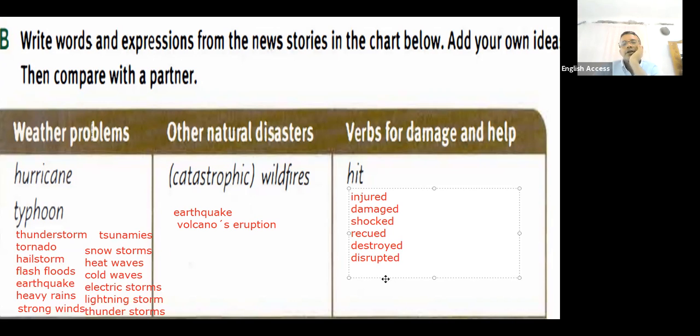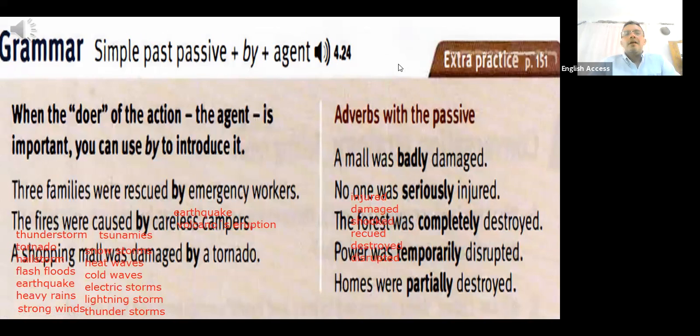Why? Because we are talking about simple past passive voice. Excellent. Well, this is just to have an idea of what's about the disasters. Let's go to one of the most important parts of the lesson, the grammar.